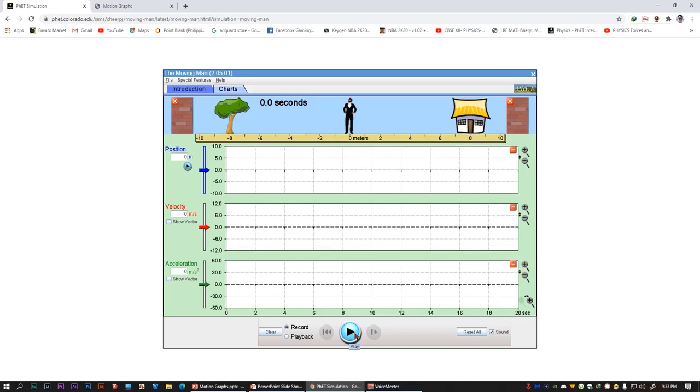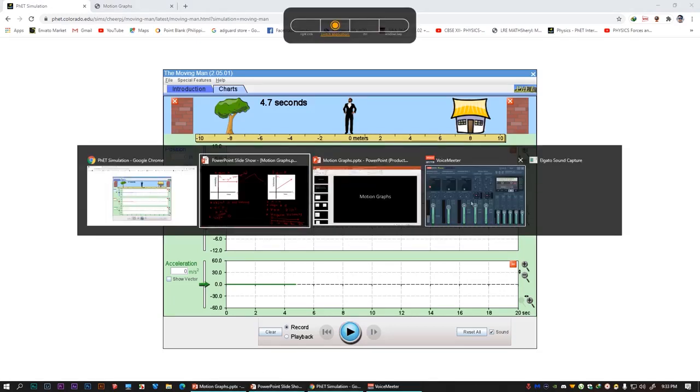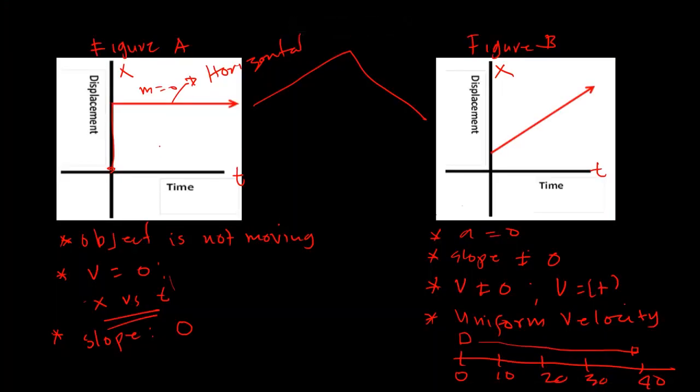So I will tap it. Try to observe, the velocity is not moving. So the velocity is still on the zero line, or zero value here, and also the position is flat. So that is exactly what is happening in this diagram.